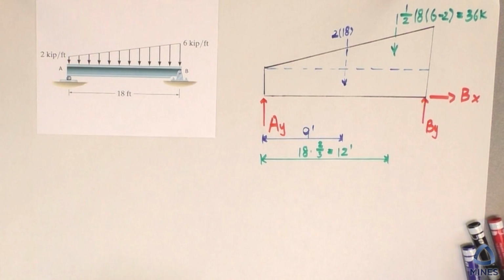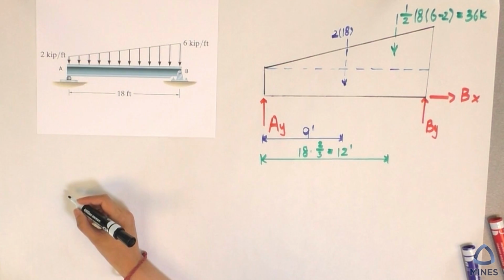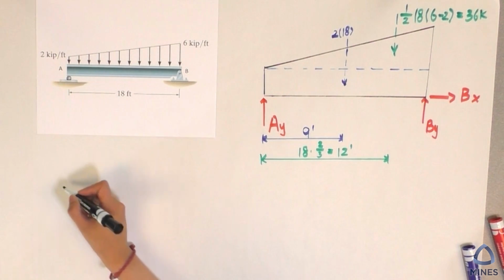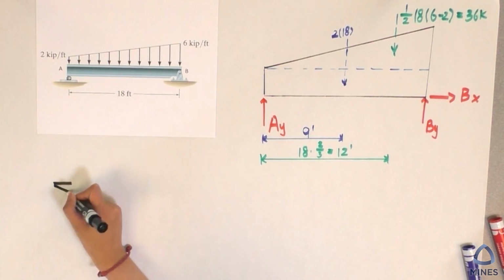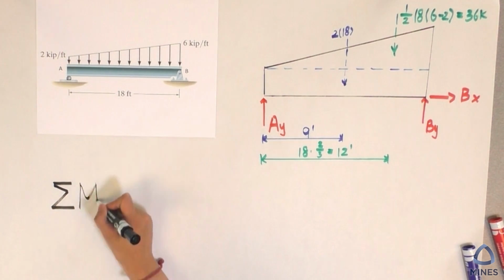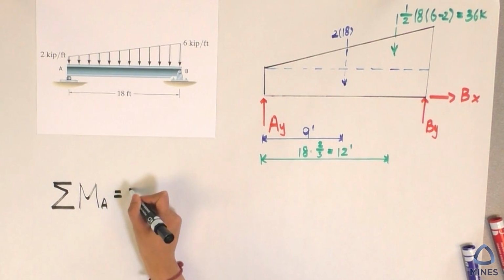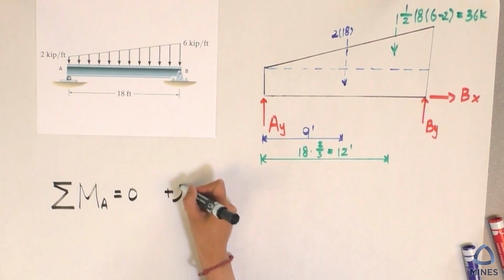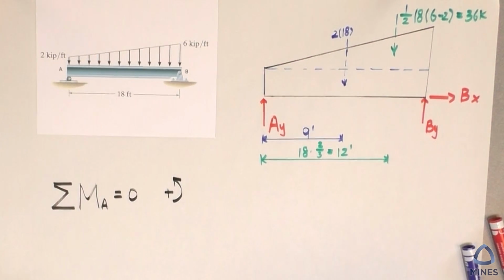So now, after we get everything ready for the load and dimension, we can try to solve the reaction force. Let's summarize the moments around A, with counterclockwise being positive.